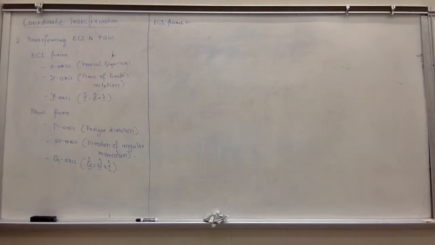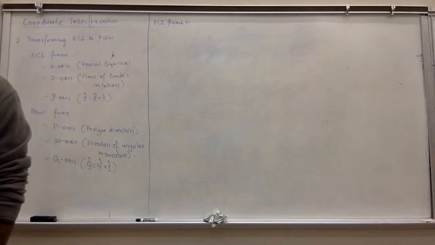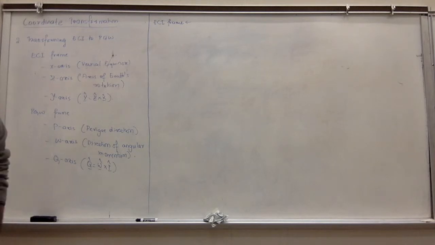Got it? Now do the same thing: how do you define the PQW frame for the polar orbit? Z-axis is where the cursor is. Why? Somebody else answer? It rotates about the x-axis.